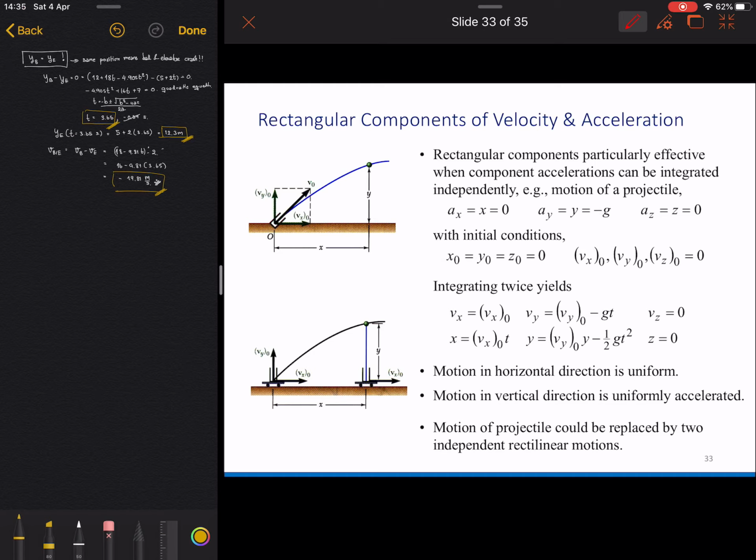For example, here we have 2 axes, x and y, and you can see that for y, when we throw the object, we get A equal to gravitational acceleration. So normally it's 9.81 meters per second squared.